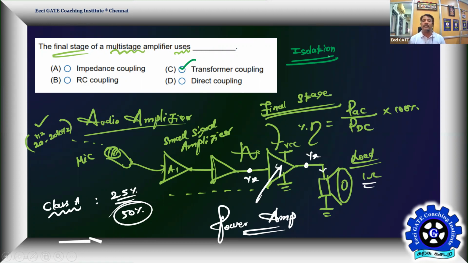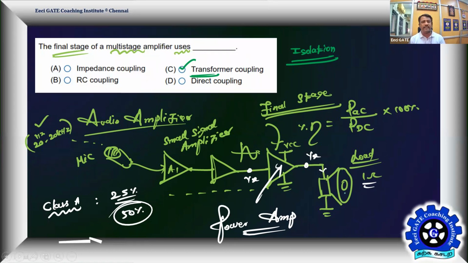Transformer coupling offers such protection because its isolation means it is completely insulated from the rest of the circuitry. So transformer coupling is perfect for that purpose as well. These are two important reasons why one should go for transformer coupling in a multi-stage amplifier. The world it interacts with may be a little different.